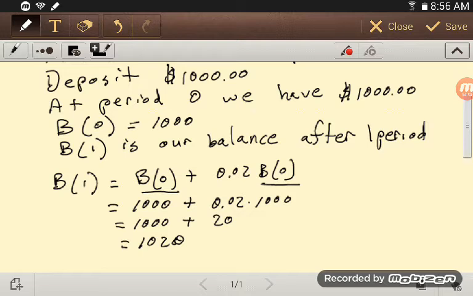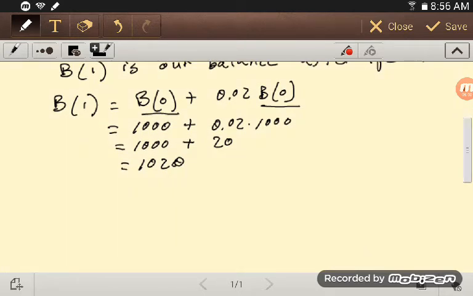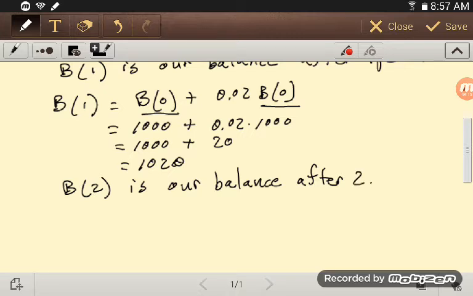So that is just what we did in the last video. But now here comes the compounding. We'd like B of 2 to be our balance after 2 periods. Well, in this case, the way this works is we simply use our balance at the end of the first period as our deposit. We work with it that same exact way.